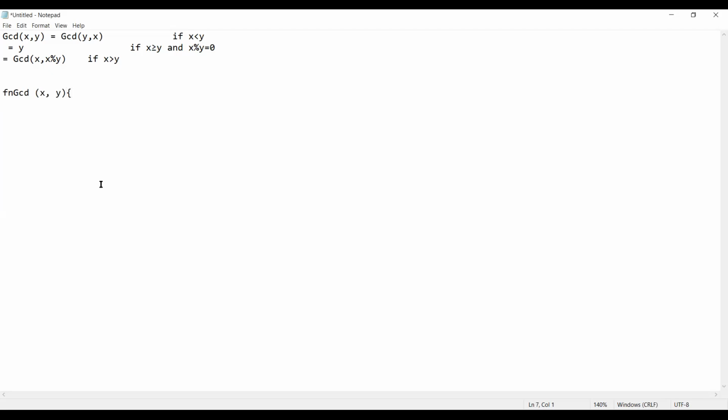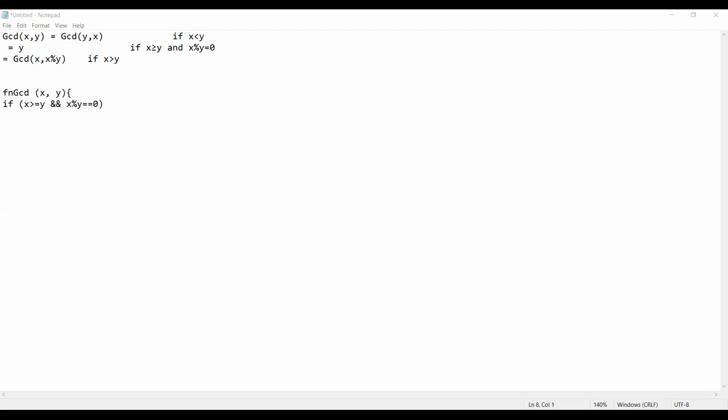Now in this function definition block, we first consider the base criteria, and we assume that x is greater than y. We have to use this condition for the base criteria.